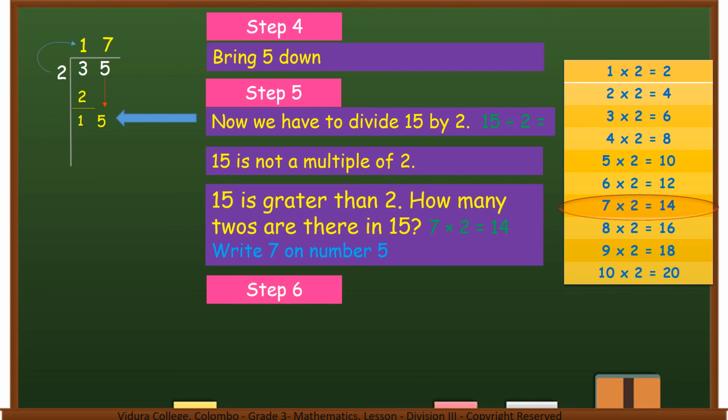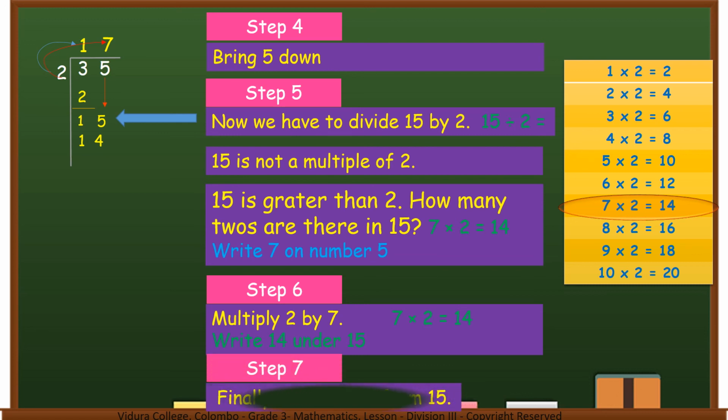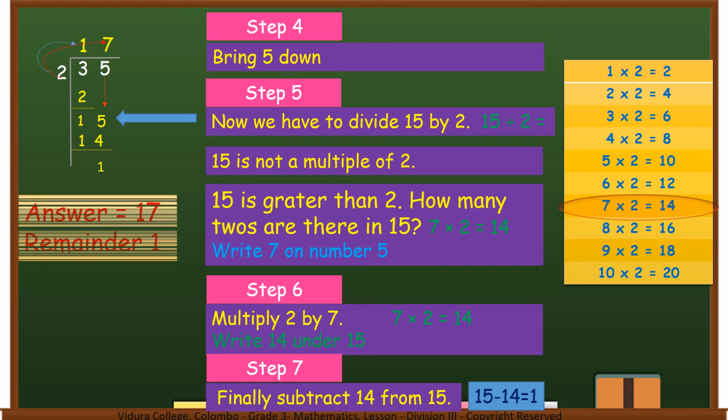Multiply 2 by 7. 7 times 2 is 14. Write 14 under 15. Step 7. Finally, subtract 14 from 15. 15 subtract 14 is 1. Now we have finished finding the answer. When we divide 35 by 2, the answer is 17 and remainder 1.